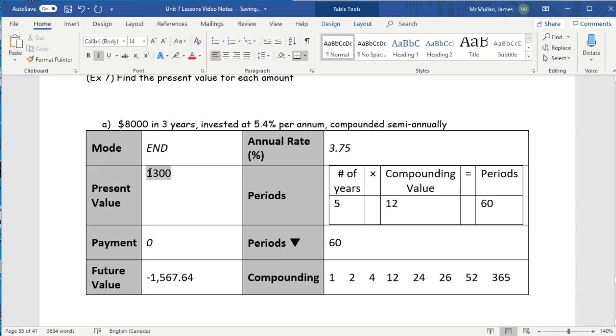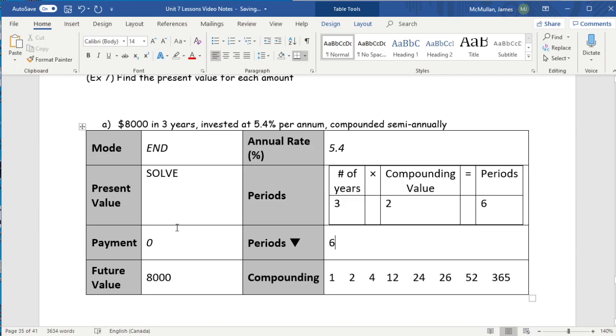Okay, so again, N is the same thing. Present value, we don't know. Payment is 0. Future value, we know, is positive 8,000 because I want to have $8,000 in 3 years. 5.4 is my rate, and it's 3 years semi-annually, which makes 6 periods.